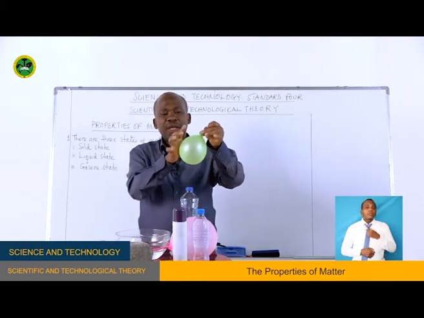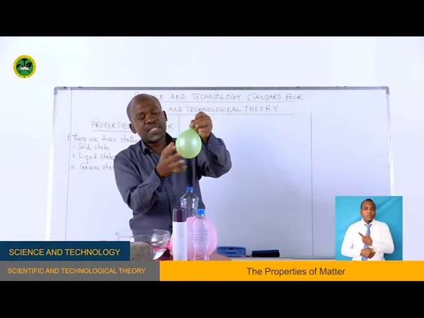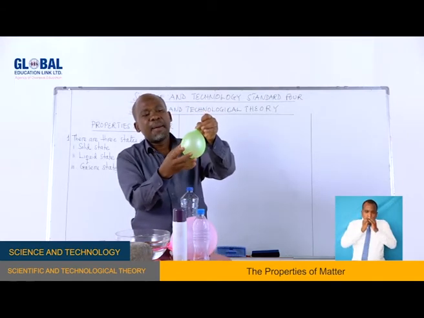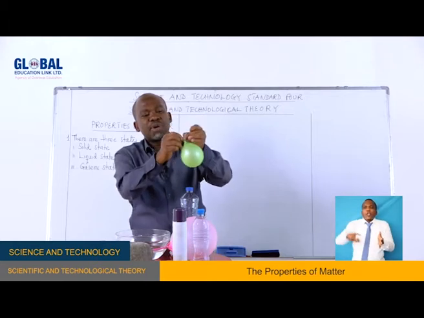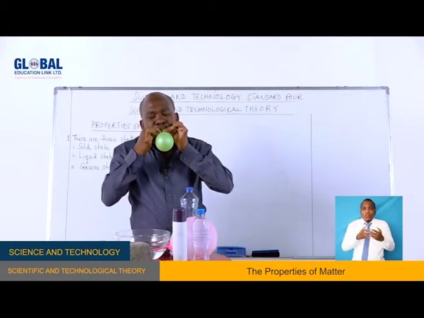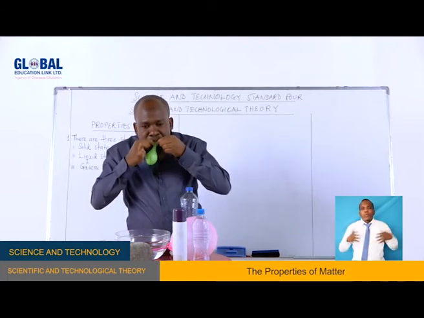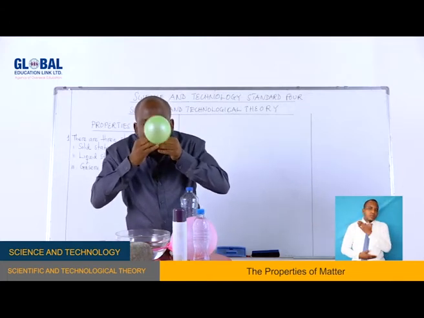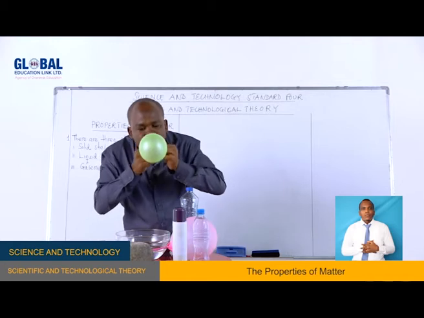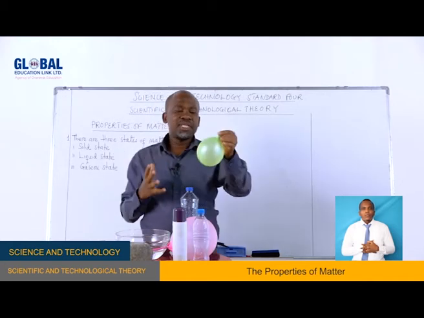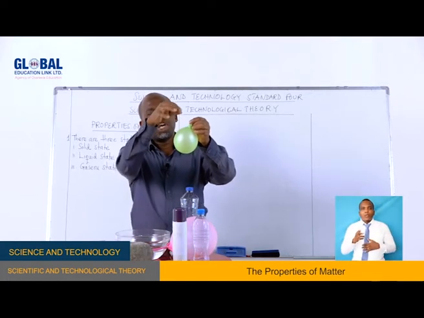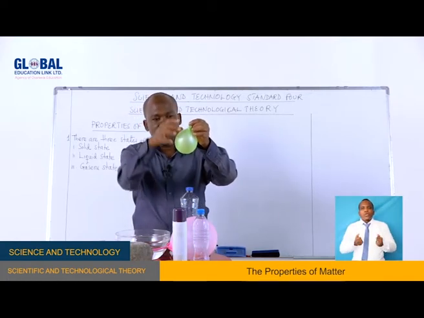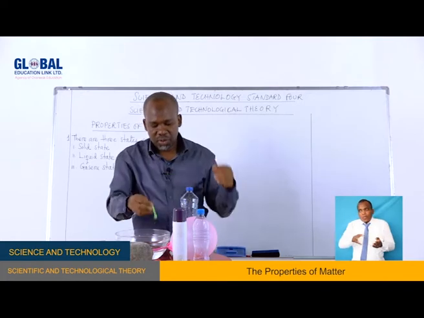Here, I pressurized and the air is inside here, but I can compress more and more to make this balloon bigger. This means air or the gaseous state can be compressed and compressed to fill the balloon.